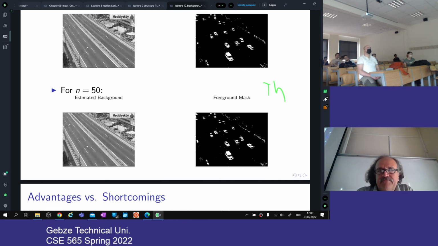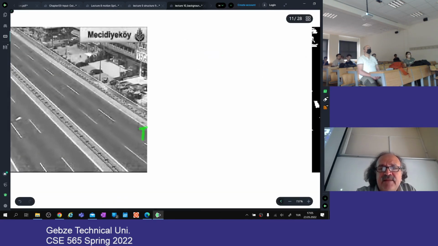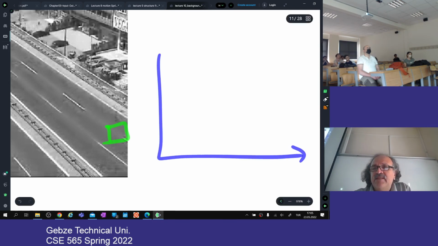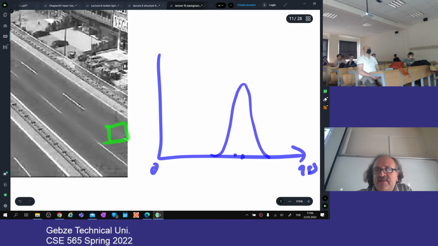Some people said, why are we taking the mean or median? Get this pixel, let's say this is my pixel. For the last 100 frames, get a histogram of it. This is 0, this is 255. Usually you would get something like this. This is the mean of that thing, and there is a standard deviation, right?